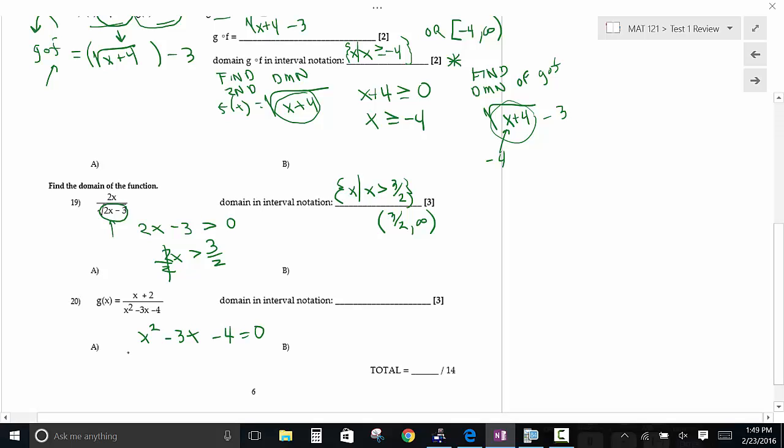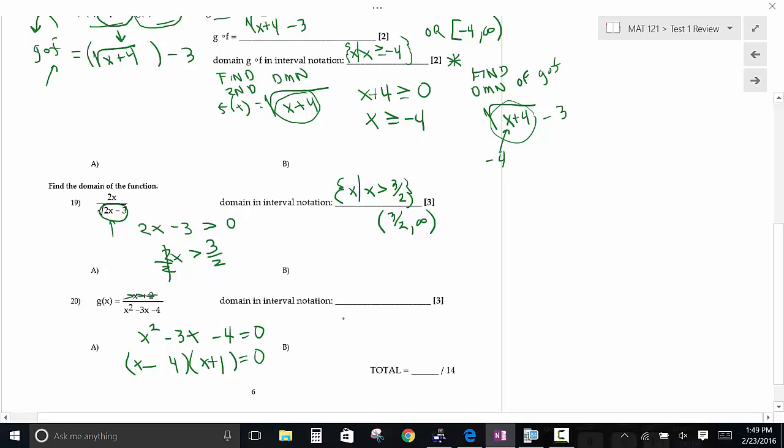This should tell you where this thing's equal to 0. You don't pay any attention to the numerator. The numerator doesn't matter. So you're just going to say x and x. What are the two numbers that multiply to give 4 and add up to 3? 4 and 1, right? Not 2 and 2. So you got 4 and 1 with a negative there and a plus there.